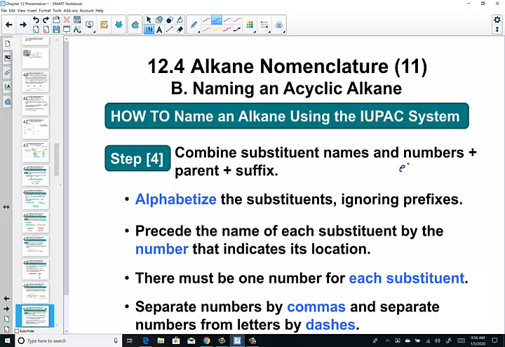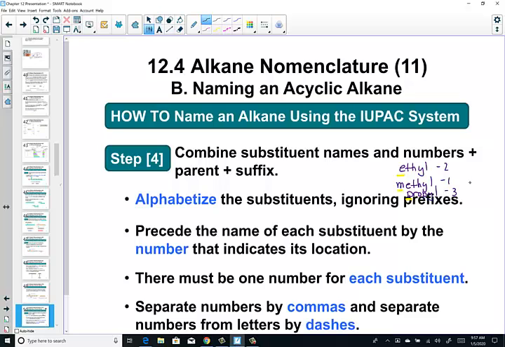So for example, if I have an ethyl, which is 2 carbons, and a methyl, which is 1 carbon, and a propyl, which is 3 carbons, this is 2, 1, 3. I might have misspoke. The order in which we list them is not based on the number of carbons, but it's the alphabet. So here, ethyl would come before methyl, which comes before propyl, just looking at the alphabet.